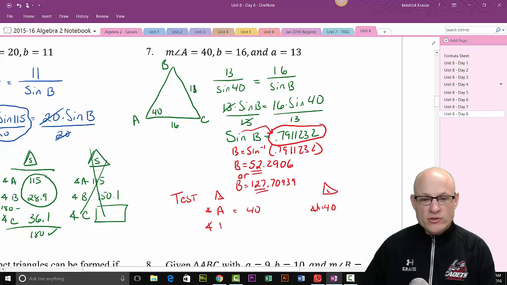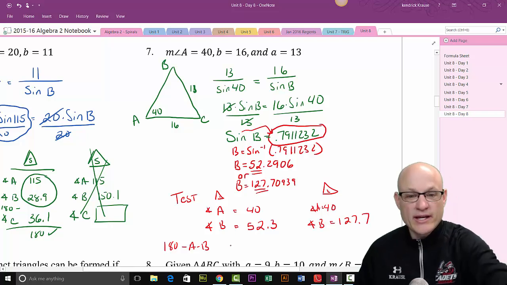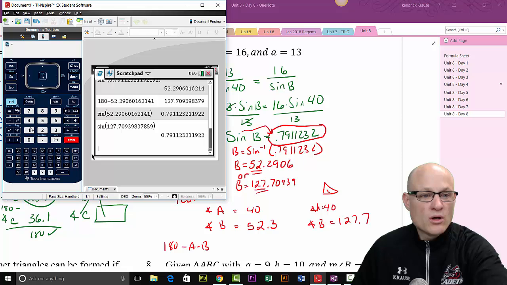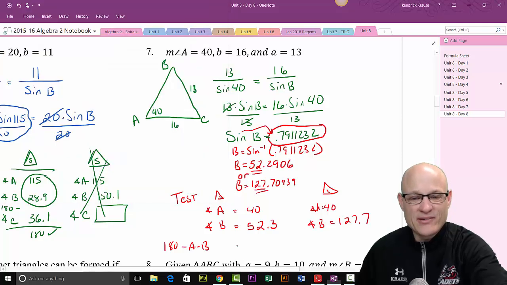Angle B, we just found out, can be either 52.3 degrees, or angle B can equal 127.7. Now, to find angle C, we take 180 minus A minus B. So 180 minus 92.3, and our third angle would be 87.7.